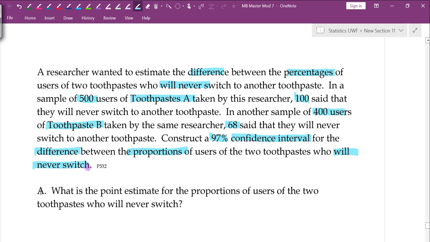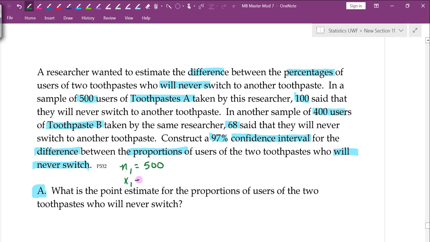The first one is, what is the point estimate for the proportions of users of the two toothpastes that will never switch? So when we look at this, we can say that for N1 we had 500 users, and we know that X sub 1 is equal to 100.